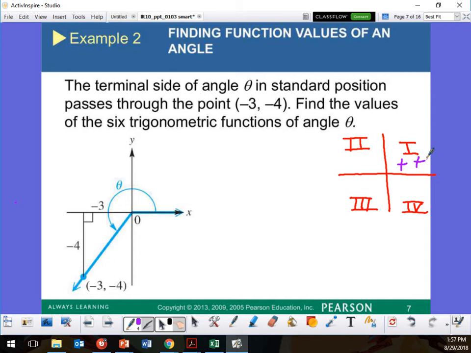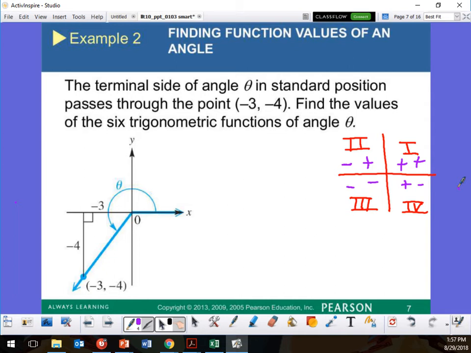The x value is to the left, so that's going to be a negative and a positive, right? Because the y value is still up. Quadrant 3, negative, negative. Quadrant 4, positive, negative. Okay? That's going to help you out when you guys are doing this later on, all right?